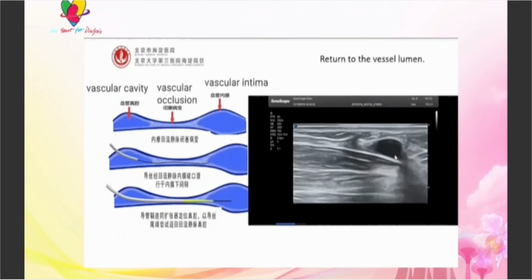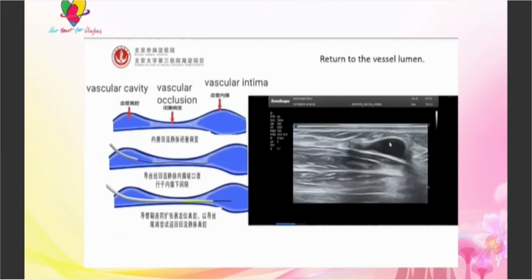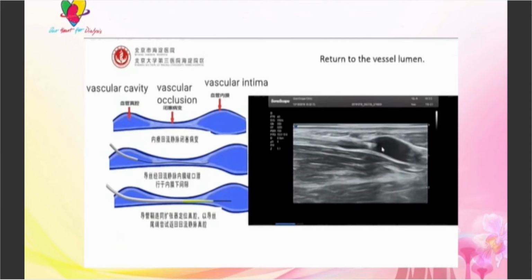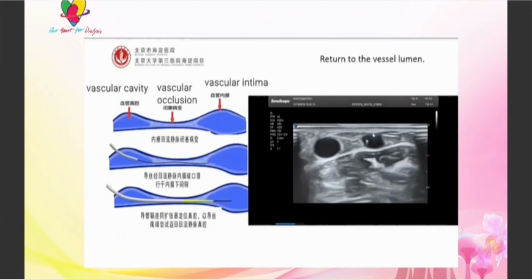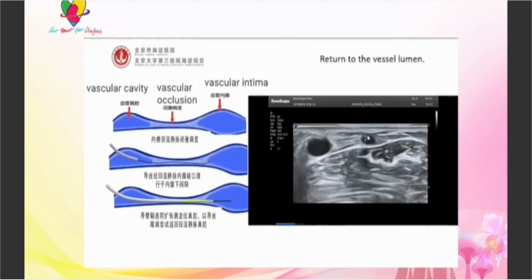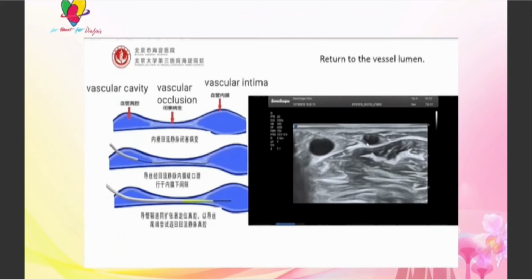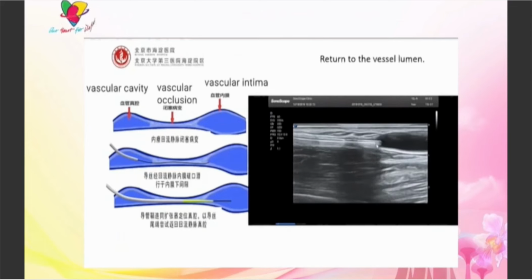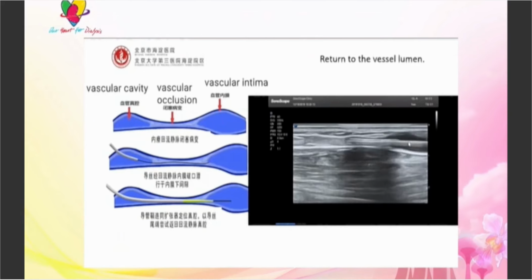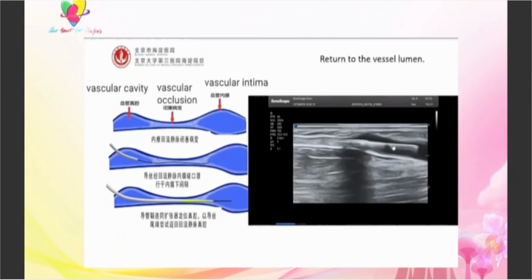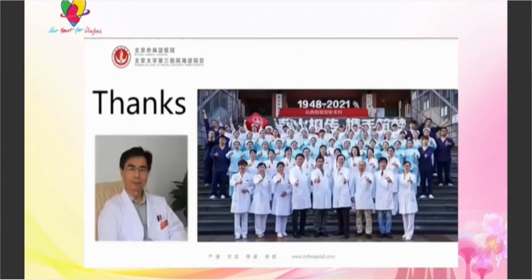So place the catheter sheath. This is a diameter. The diameter arm at the vascular cavity, and put the guide wire forward into the vascular cavity. The above is a method of opening the CTO that we more commonly use. Thank you.